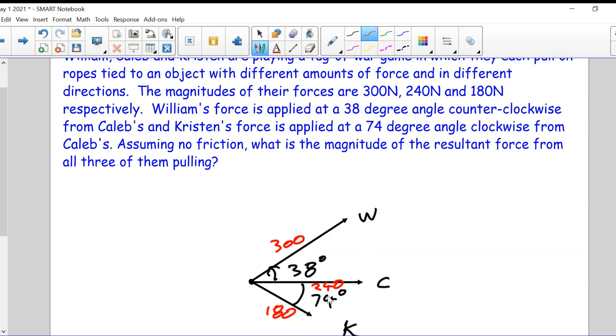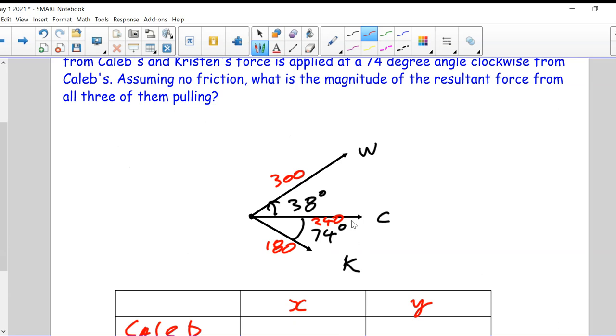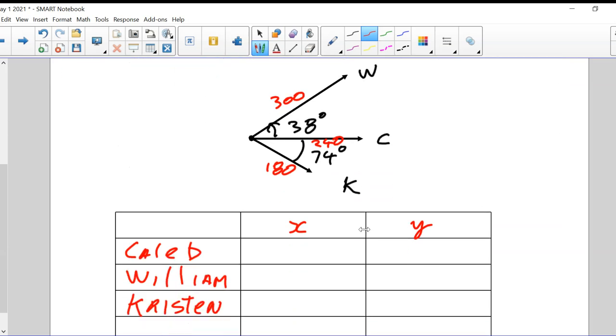So that's where Caleb is. If Caleb is sitting on the x-axis, can you give me Caleb's x and y coordinates? Where is the tip? What would be the coordinates of that tip right there?